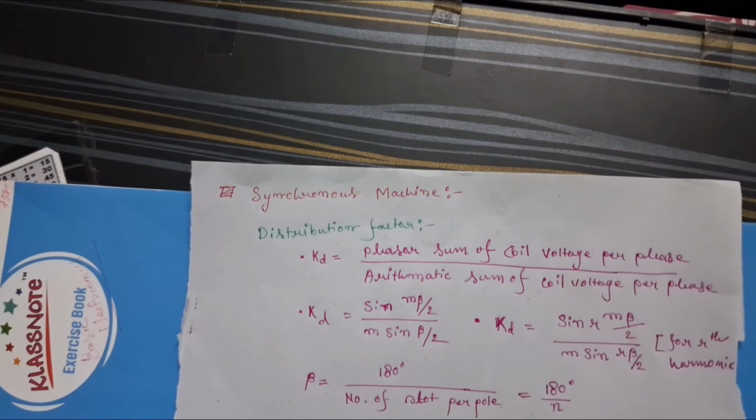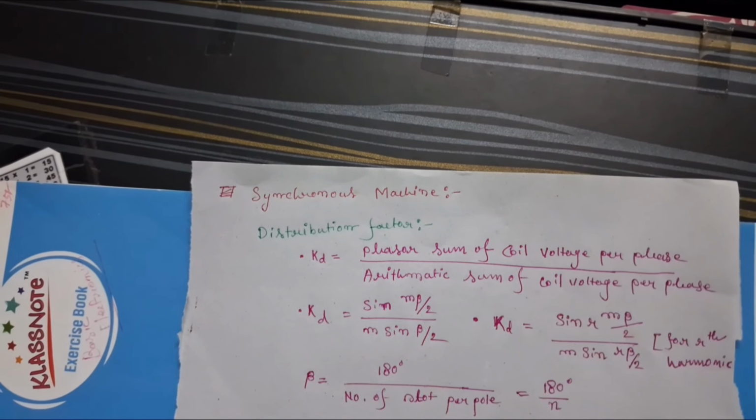Let's discuss some formulas of synchronous machine. For synchronous machine, you have to remember the distribution factor. Distribution factor Kd equal to the division of phasor sum of coil voltage per phase to the arithmetic sum of coil voltage per phase, or Kd equal to sin(m beta by 2) divided by m into sin(beta by 2).